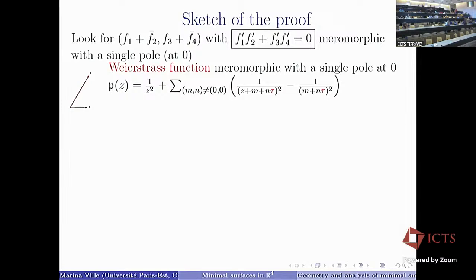One Gauss map is minus f prime 1 over f prime 2, and the other one is f prime 4 over f prime 3. So they're very pleasant. But to go to genus greater than 1, it's very possible that this will not be enough, that we will need, right.